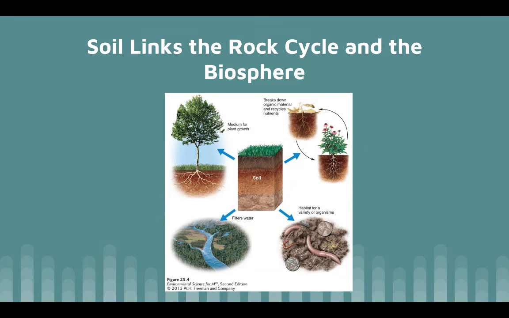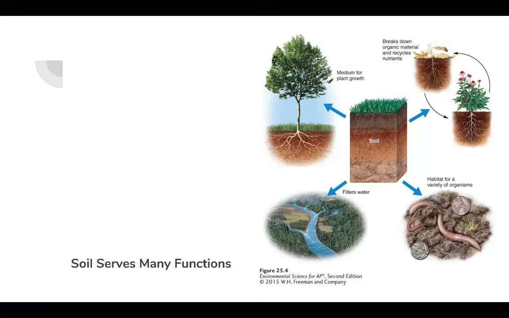So now we have our rock weathered, our rock eroded, and this is where it all comes together when we're talking about soil. So we're linking this rock cycle with the biosphere, and there are so many different functions that soil serves. We all know that plants need healthy soil to grow.